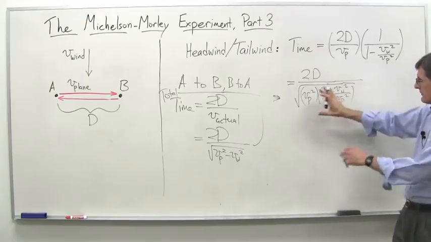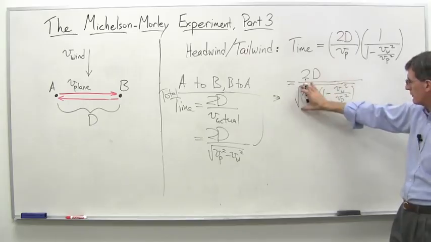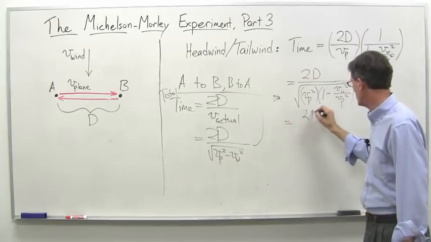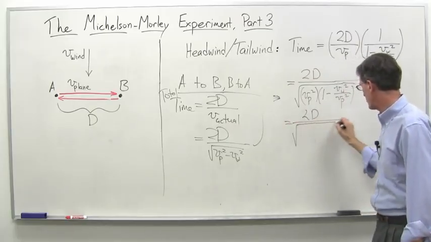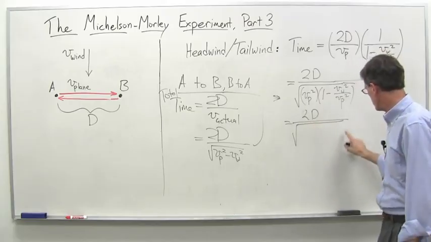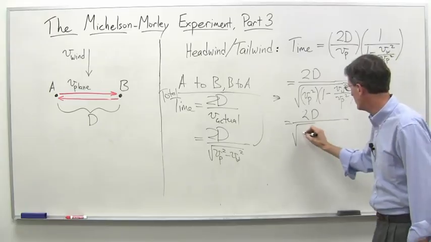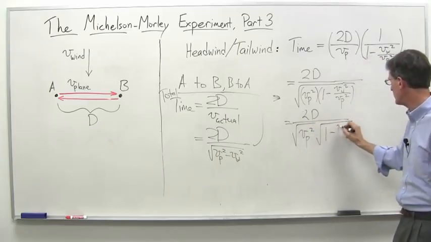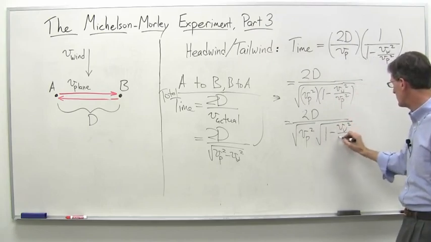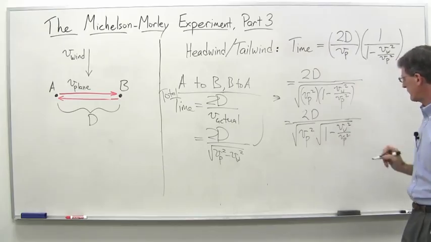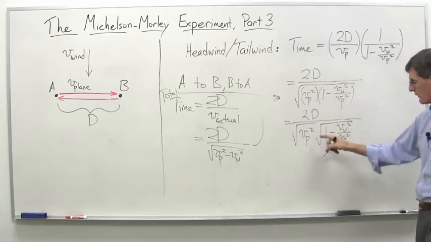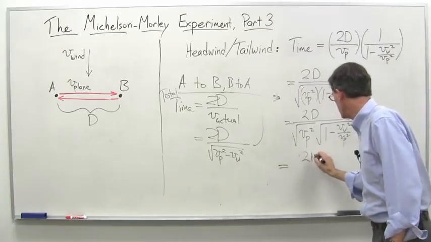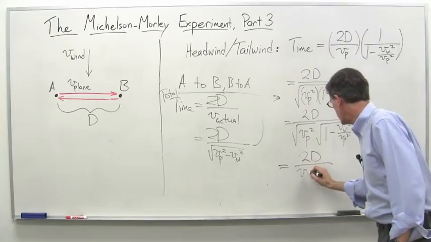I can then split this into 2 square roots like we did before. So this is 2d over the square root of Vp squared times the square root of 1 minus Vw squared over Vp squared. And of course, the square root of Vp squared is simply Vp. So this becomes 2d all over Vp.